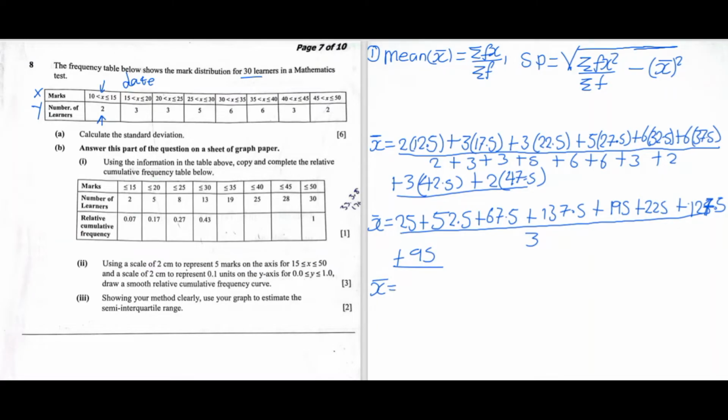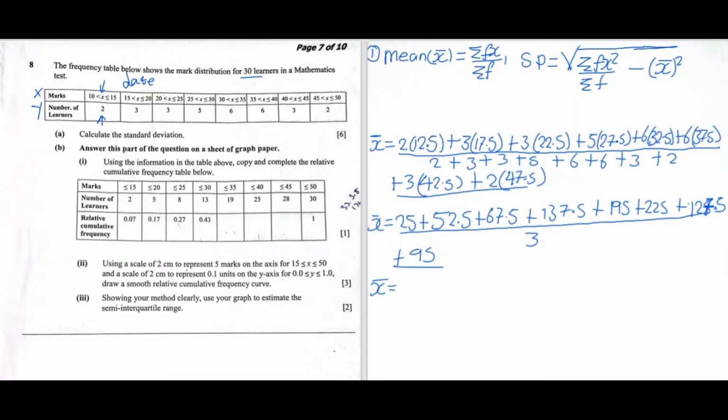Then let's now do the math. We add the numbers on top: 25 plus 52.5 plus 67.5 plus 137.5 plus 195 plus 225 plus 127.5 plus 95.